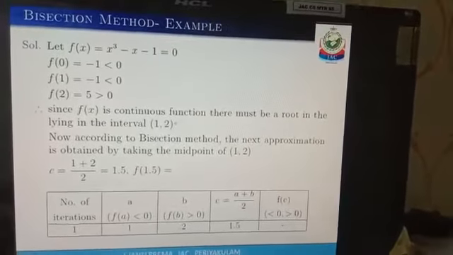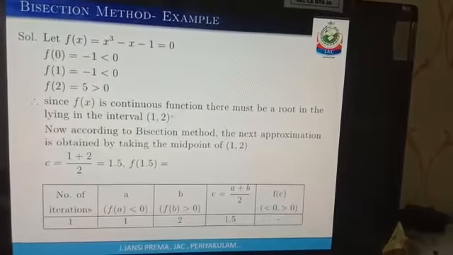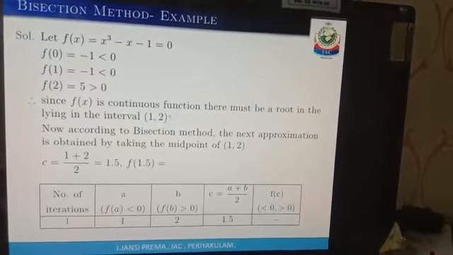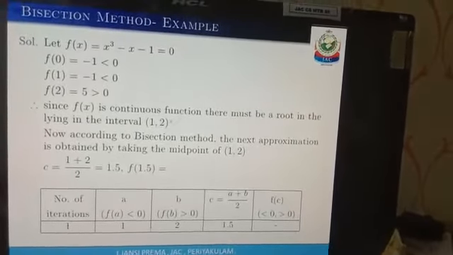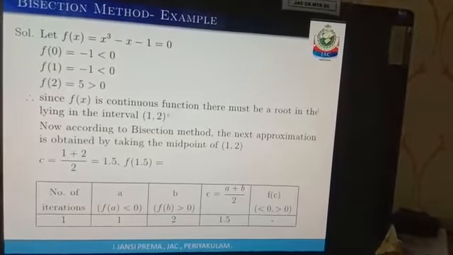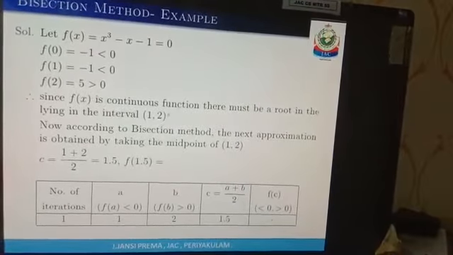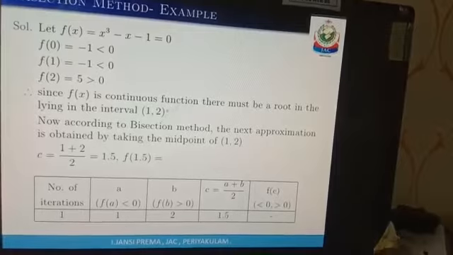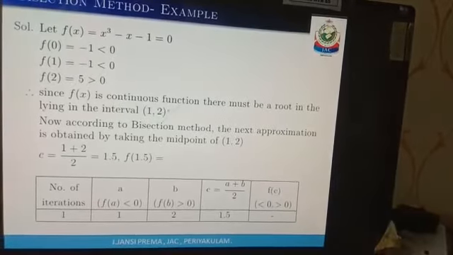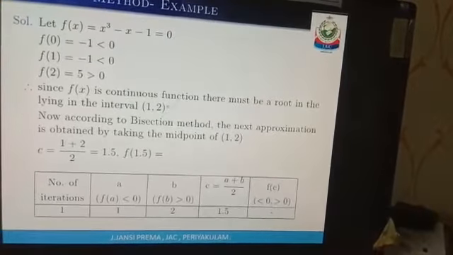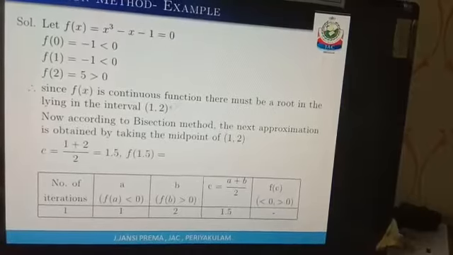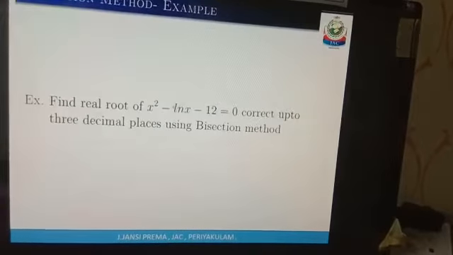From this we get positive and negative values. Since f(x) is a continuous function, there must be a root lying in the interval 1 and 2. Now we see the midpoint c = (1 + 2) / 2. Finally we get the answer, that is, c value 1.5.